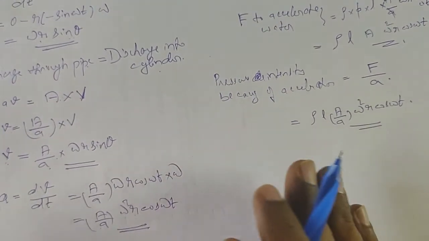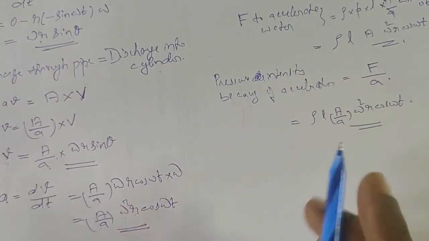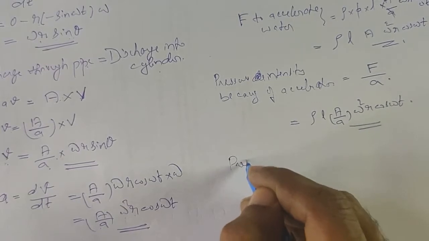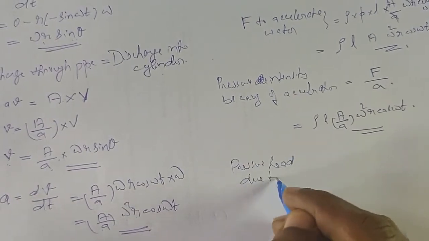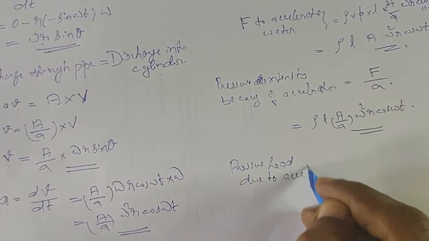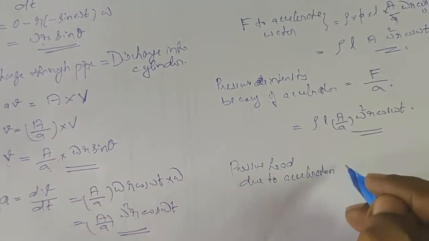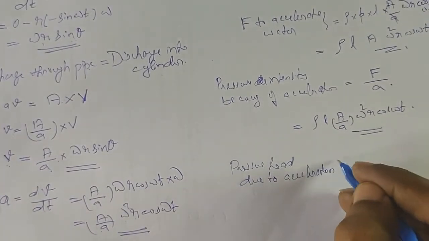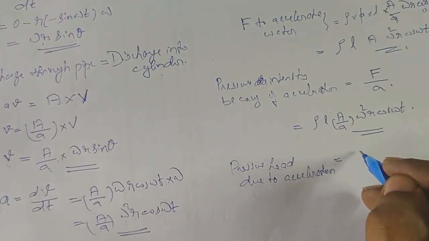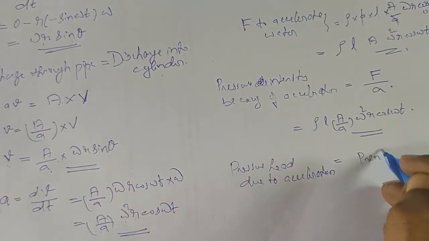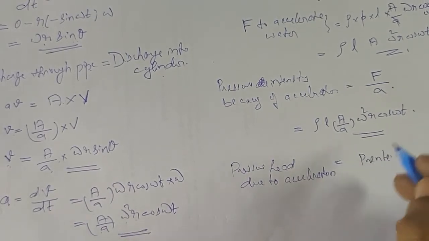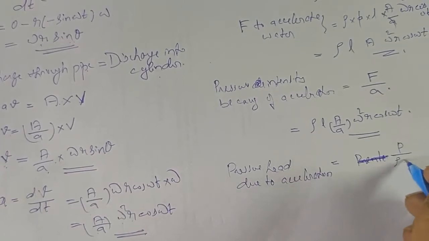Now we have to convert it into pressure head. The pressure head due to acceleration, how much pressure head is required for acceleration of water, is equal to P by rho g.